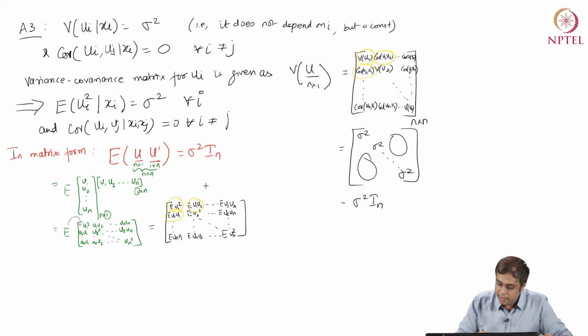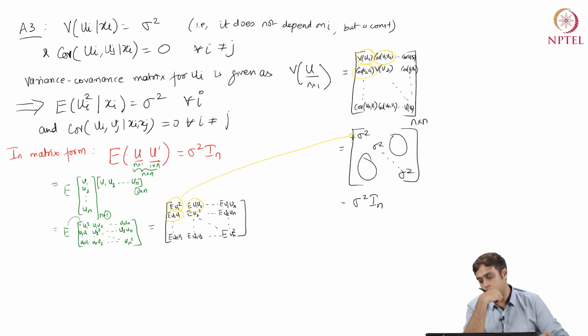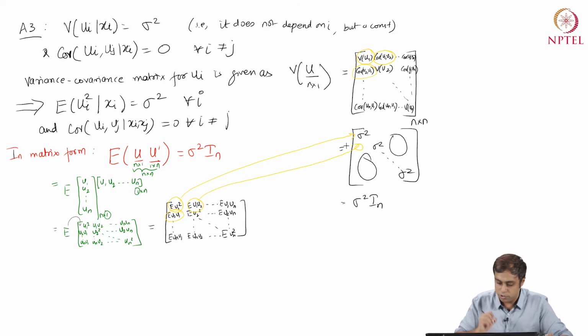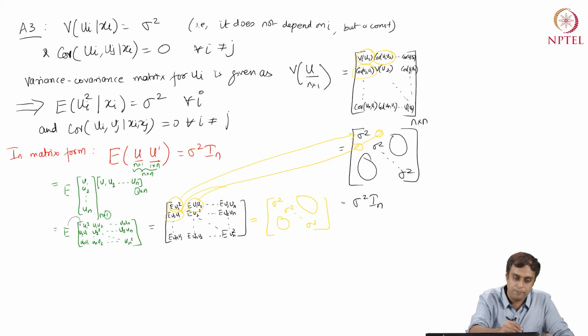This will imply that expectation ui squareds directly correspond to this factor sigma squared, and expectation u1 u2s are all going to be zeros, right? That means that this matrix is nothing but sigma squared, sigma squared, sigma squared, and zeros everywhere else.